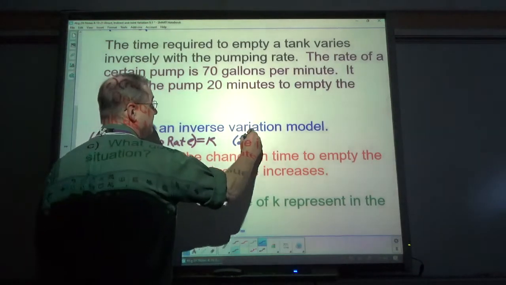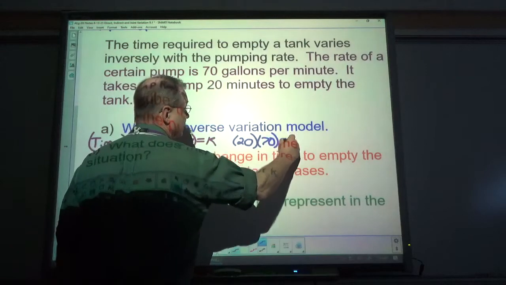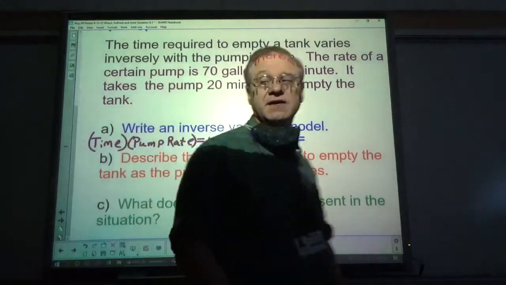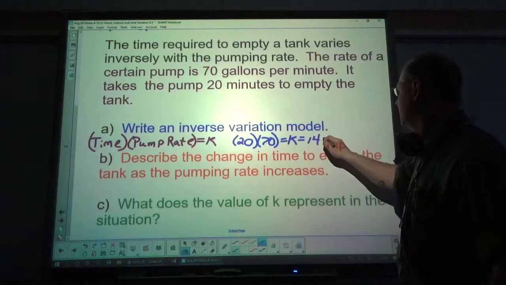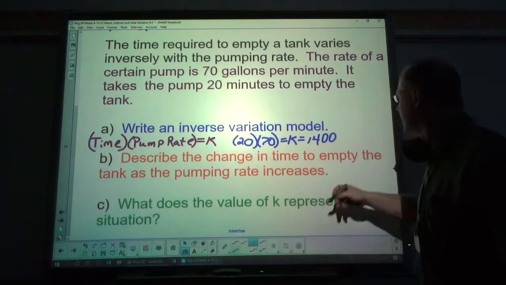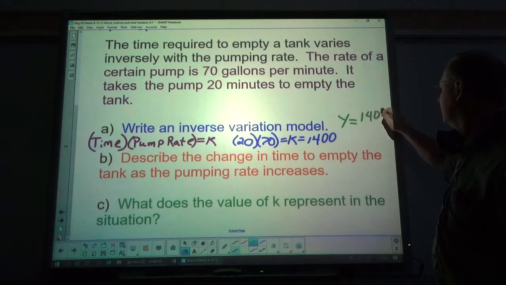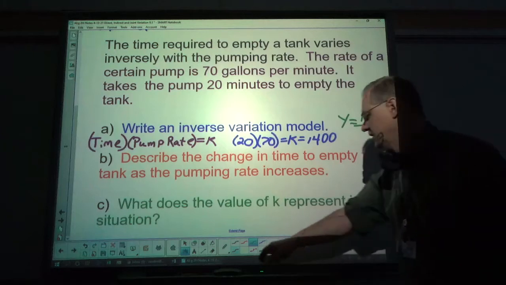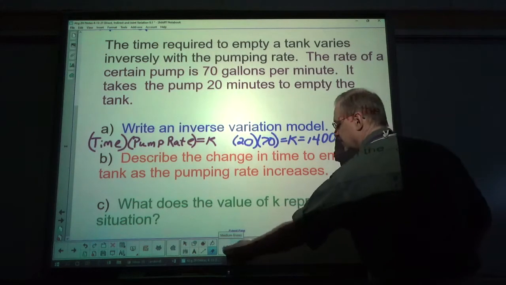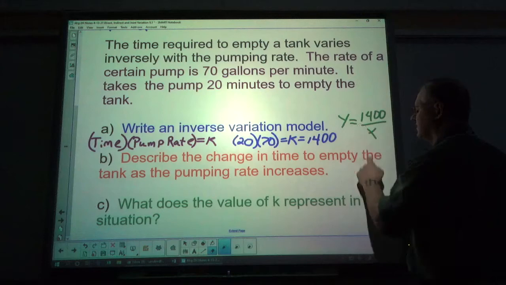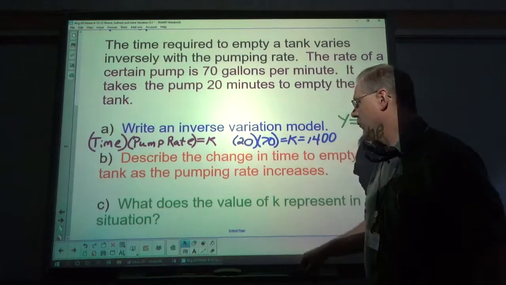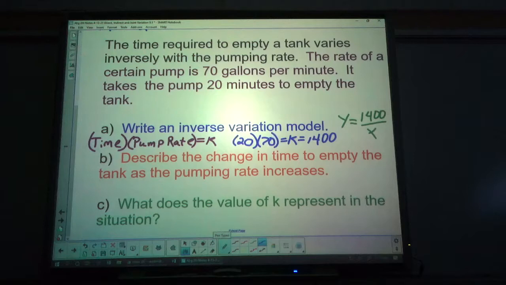So 20 times 70 equals k, and in this case, k would be 1400. So therefore, y equals 1400 over x. And remember, x represents the time it takes to empty the tank, and y is the pumping rate.